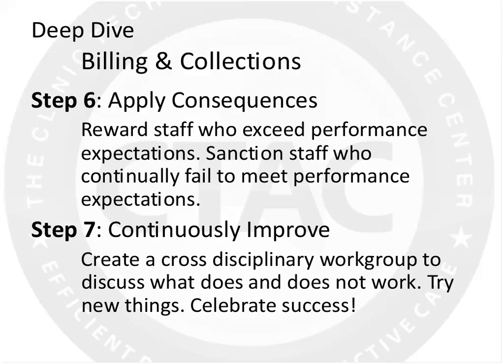When I think about the billing structure, I could have one person who fails to meet their expectation, who could easily put hundreds of thousands of dollars at risk. There's not a margin for error in this process. There is none. So you need to sanction individuals who can't carry out their responsibilities.